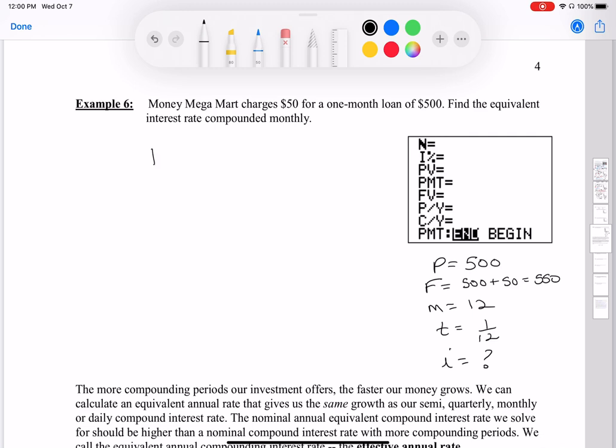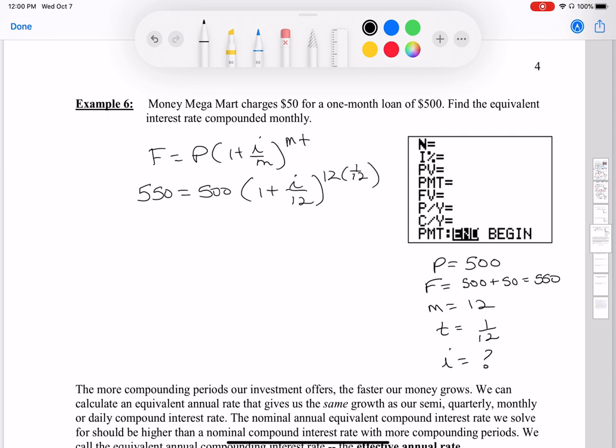All right. We can substitute everything in. And then we just need to crunch a little. Well, let's clean this up. So we have 550 equals 500 times 1 plus I over 12 to the 1.